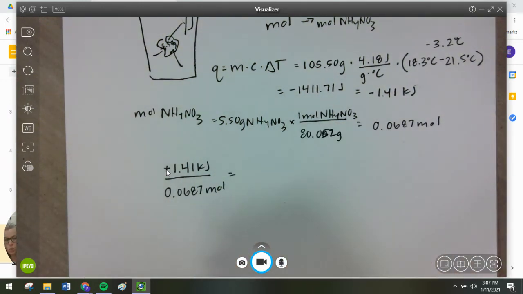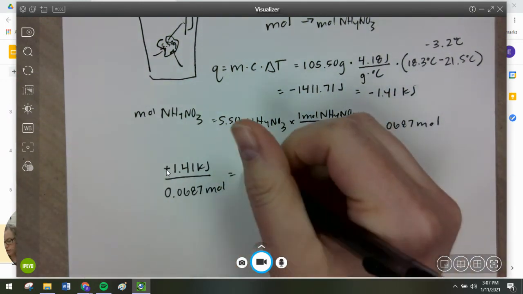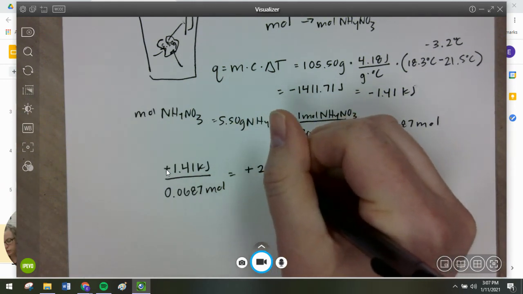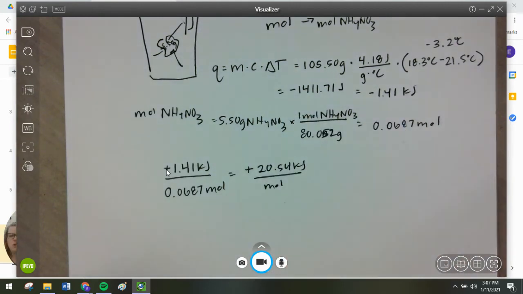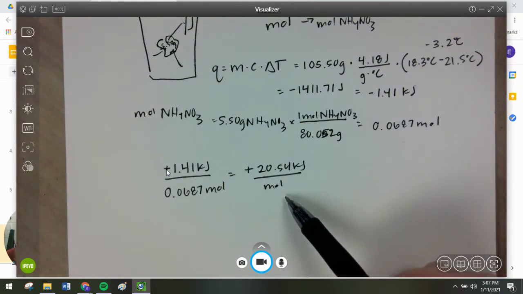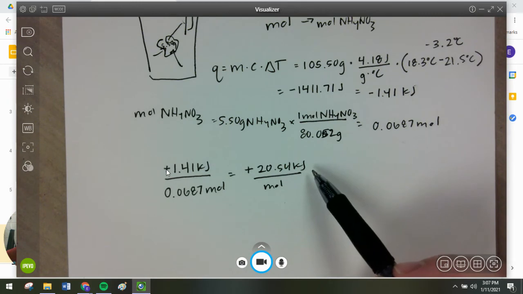Okay. When I divide those two, I get a positive 20.54 kilojoules per mole for my enthalpy of solution. So what that means is that if I would dissolve a mole of my stuff, I would release 20.54 kilojoules worth of energy in the process.